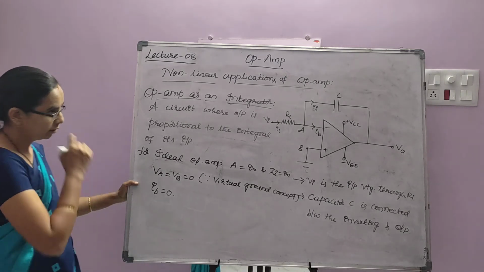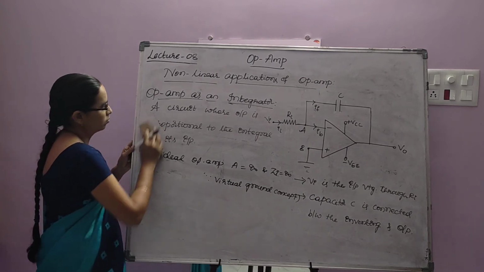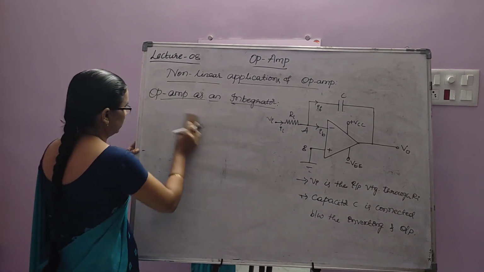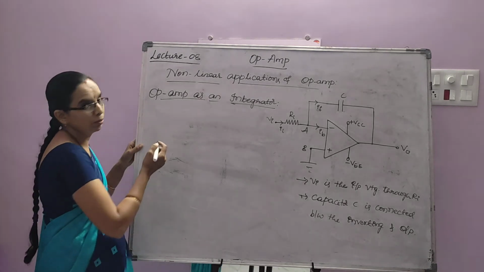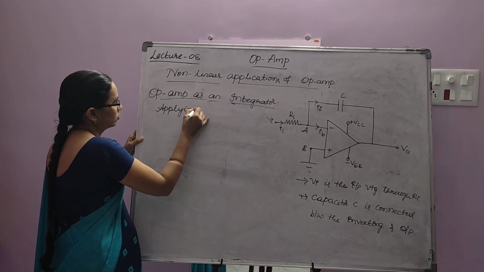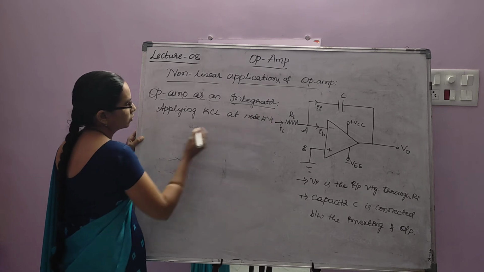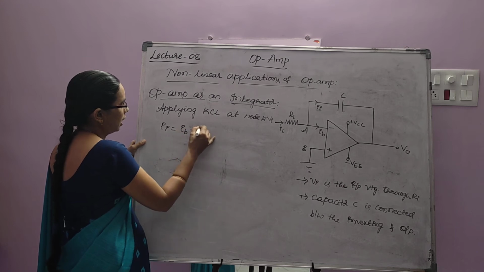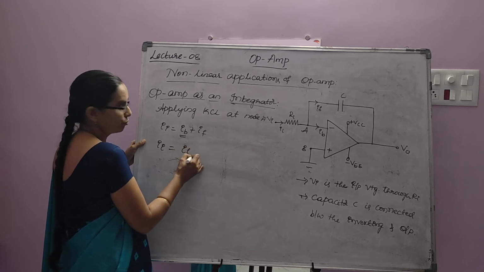Therefore, if I apply KCL, all the derivations in op amp depend on the virtual ground concept and the ideal op amp concept. Applying KCL at node A, Ii is equal to IB plus IF. Since IB is equal to 0, Ii can be written as IF.